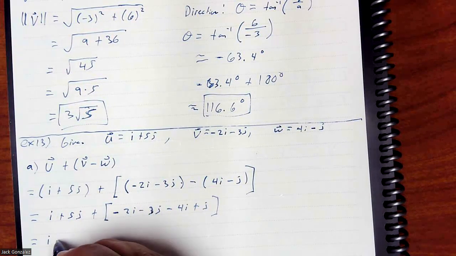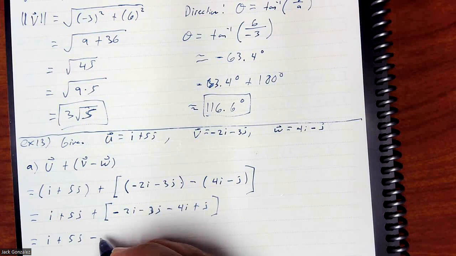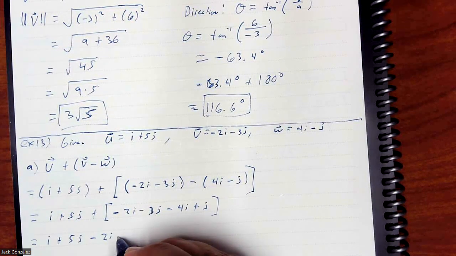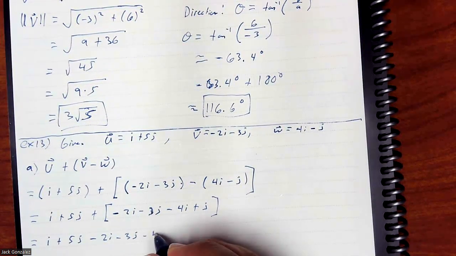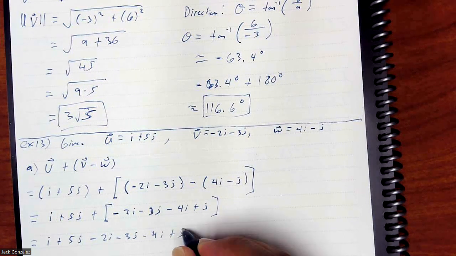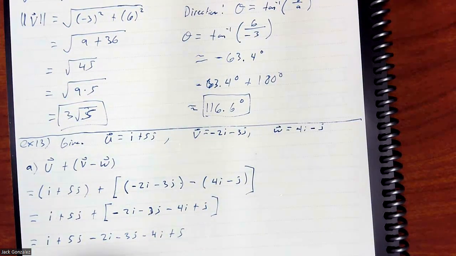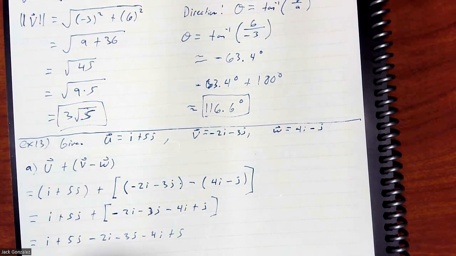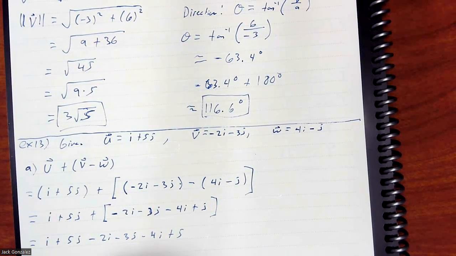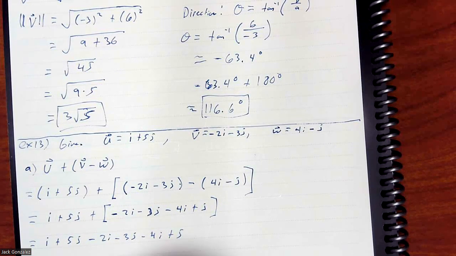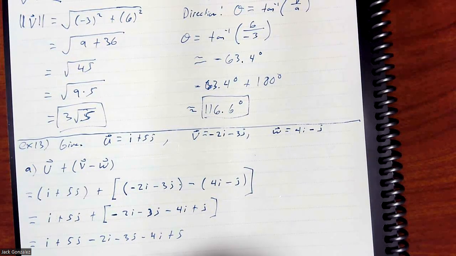So now remove all the parentheses and group everything together. So minus 2i minus 3j minus 4i plus j. So this will be i minus 2i minus 4i plus 5j minus 3j plus j.